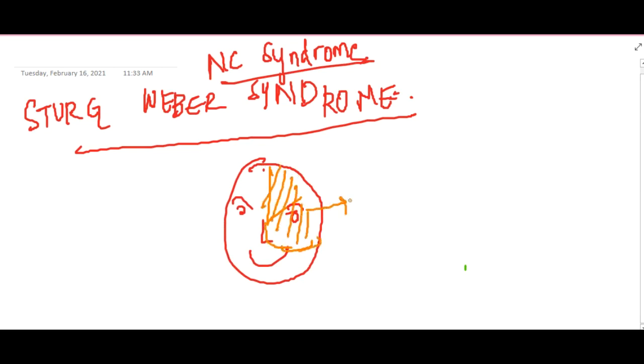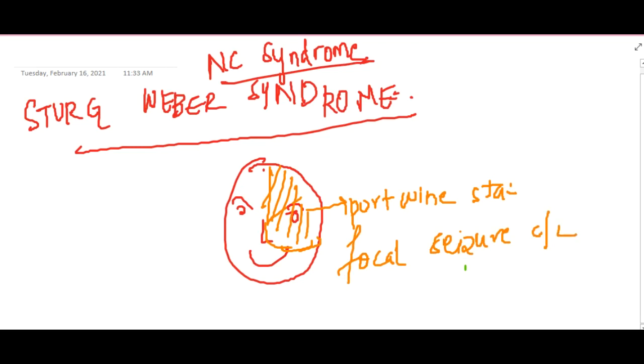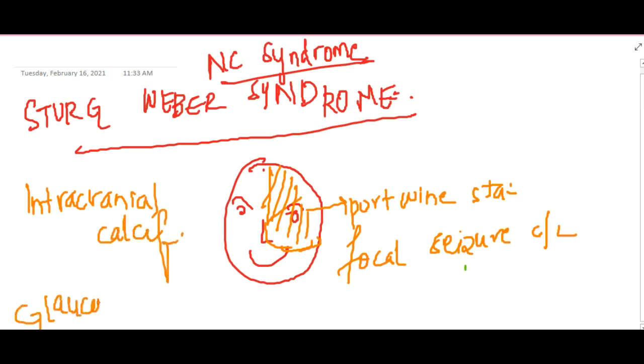This is also associated with contralateral focal seizures, and it is also associated with intracranial calcification and glaucoma. So Sturge-Weber syndrome includes port wine stain, contralateral focal seizures, intracranial calcification and glaucoma.